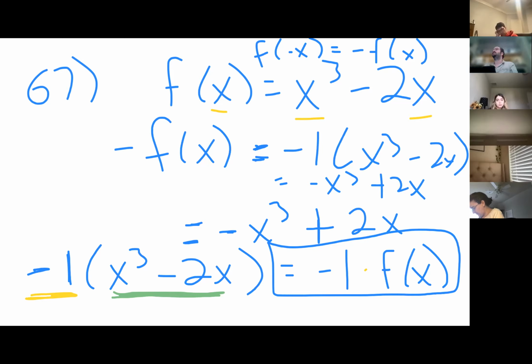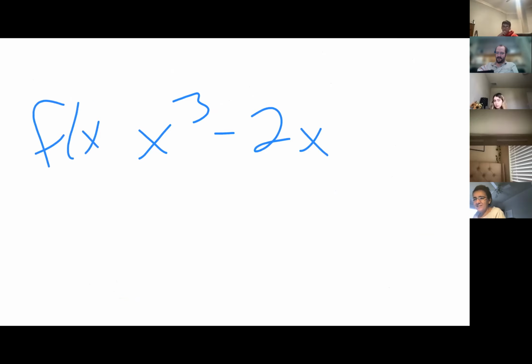Okay. What was that, 61, 63, 67, and the last one is 69. Let's rewind just a second. X to the third minus 2x, and we said this thing was odd. Is there a way to check this with that little polynomial thing I was talking about?